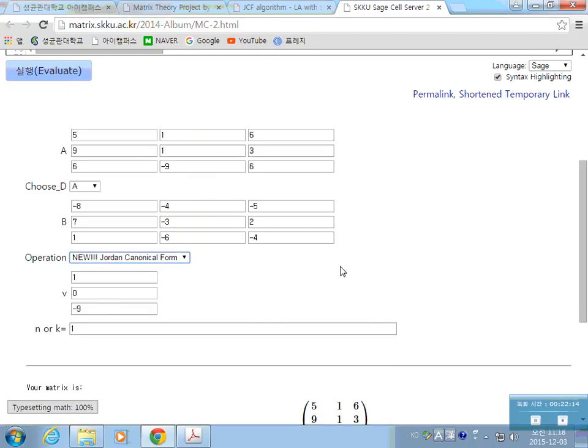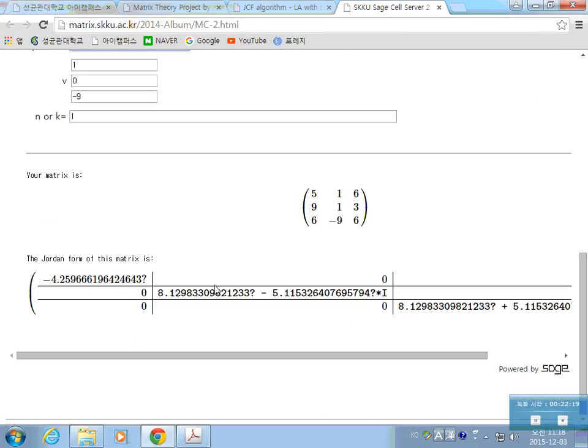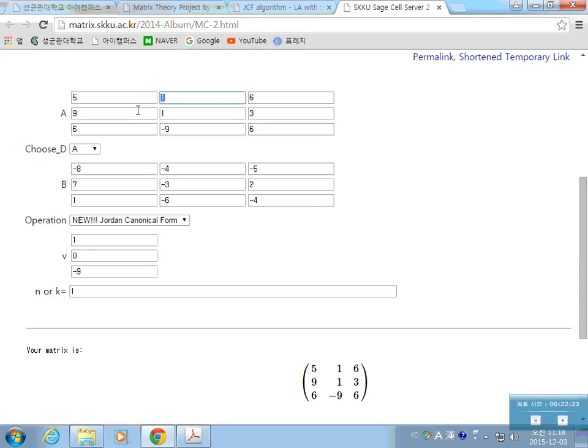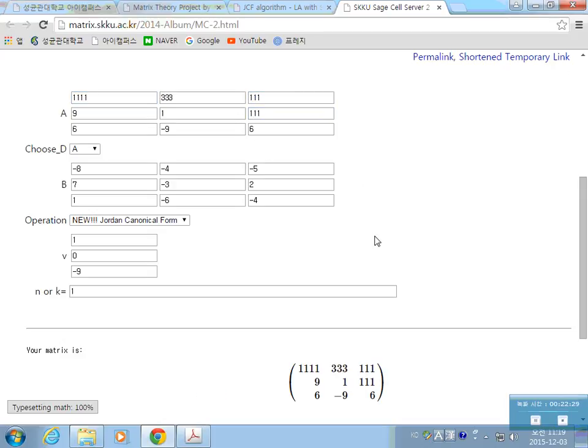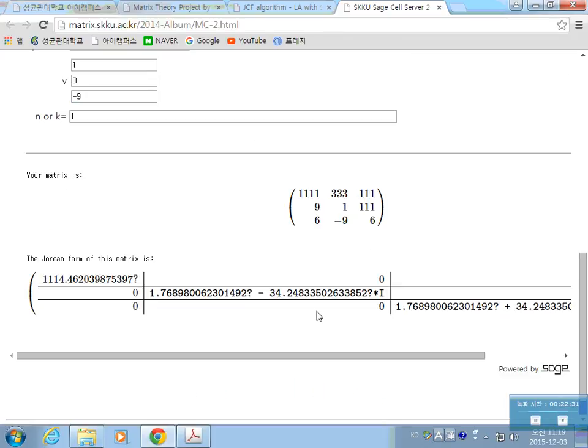This gives you a Jordan canonical form of the given matrix, and that's it. And you may change this, but still, you have a Jordan canonical form of this, even with complex eigenvalues.